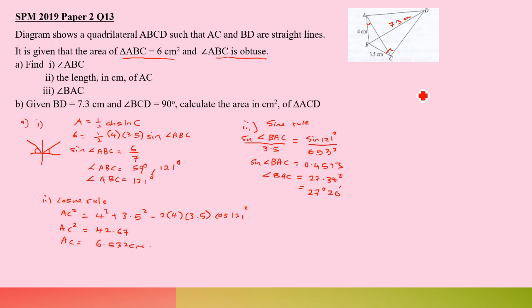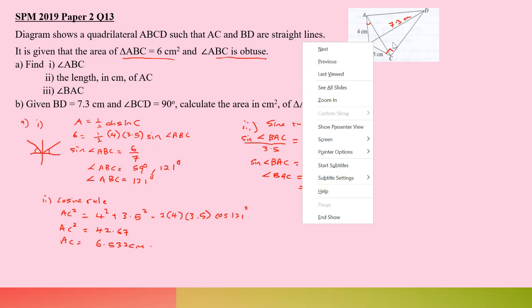In this case, we know this one is the hypotenuse, and this is another side. You want to find the area of ACD. So we find this angle because we need it to find the area of ACD.